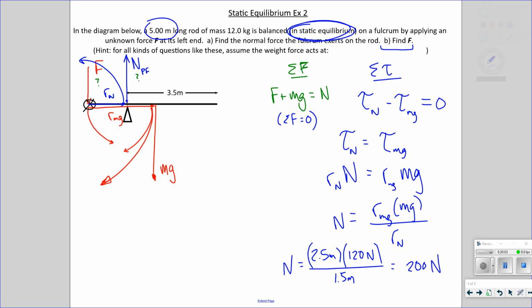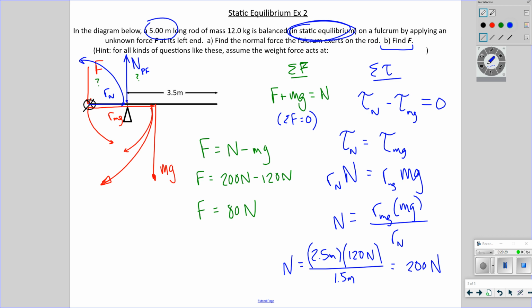Now, it's fairly straightforward to find F. We can say that F is N minus mg, or F is 200 newtons minus 120 newtons. F is 80 newtons. What say you? I say great.